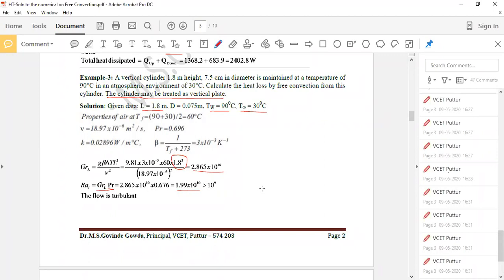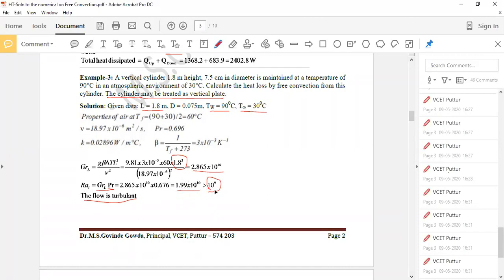Remember, for a vertical cylinder we always use the correlations corresponding to vertical plates. Since the Rayleigh number is more than 10 to the power of 9, the flow is turbulent.